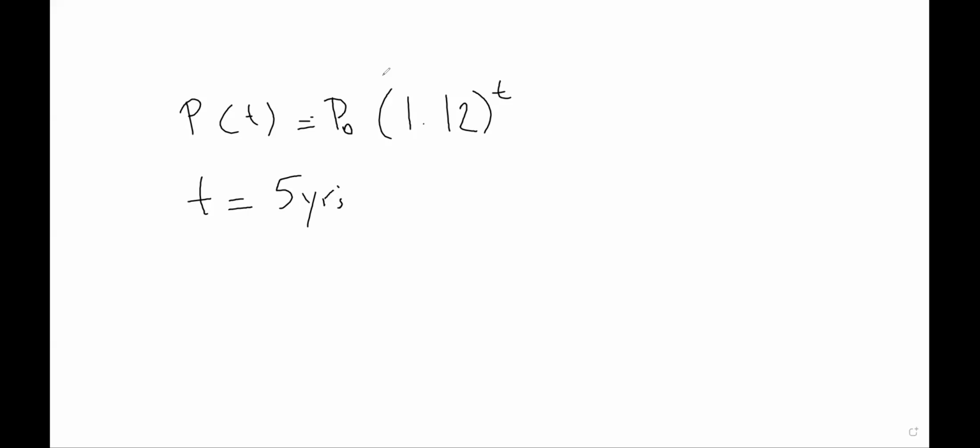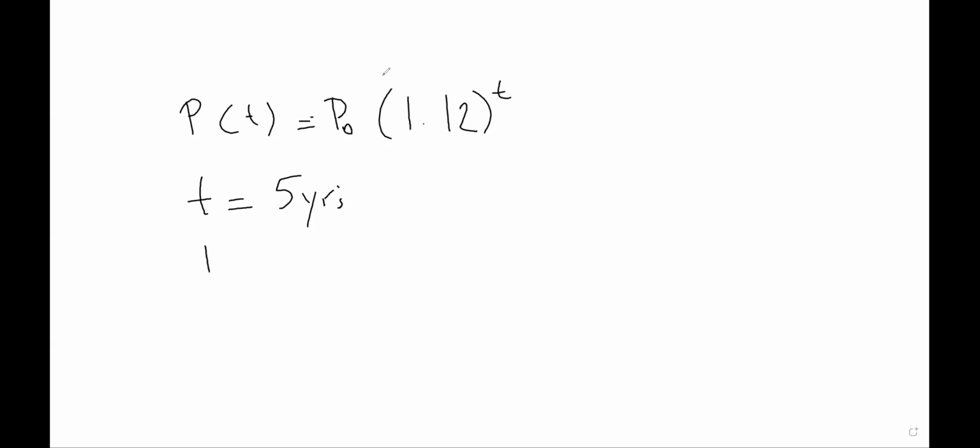So P naught is the present cost, right? So then we're going to search in the question if they gave us that figure. And we can see at the last sentence as well, where it says, find the predicted price of a 20 kilogram bag of rice, presently costing $8,000. So that $8,000 will be our P naught.